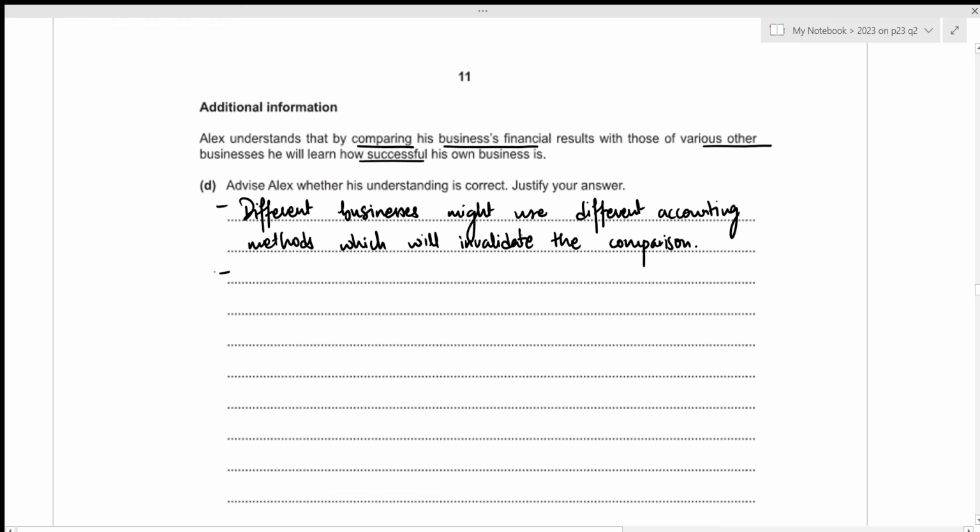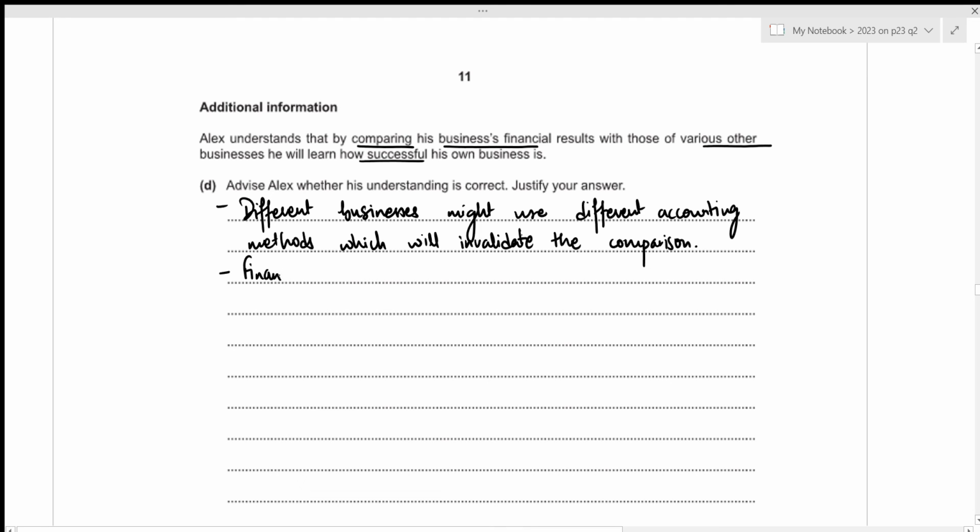Similarly, what Alex needs to understand is that the financial statements only take account of monetary data, while it ignores non-monetary factors such as our staff morale or the skill of the staffs or location of the businesses and such factors.